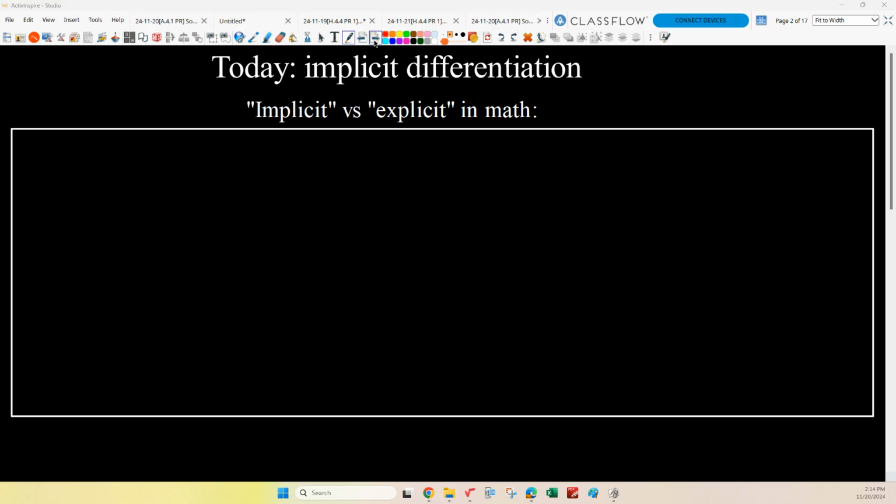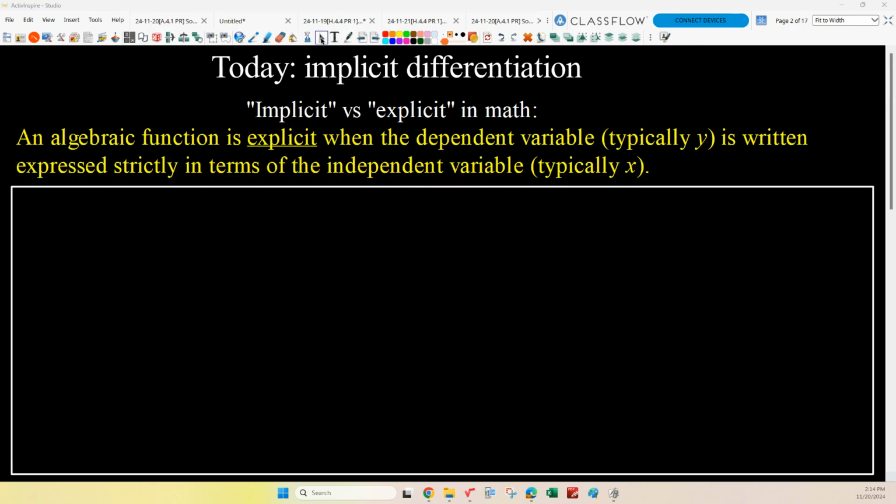And so when we calculate the derivative, y prime, all we have to do is a bunch of stuff with x's in it. But that's not always the case. Sometimes x's and y's are mixed up in relations that may not even be functions. But we still have to be able to differentiate them. So what does this mean?